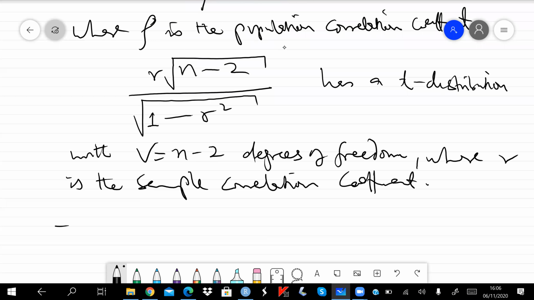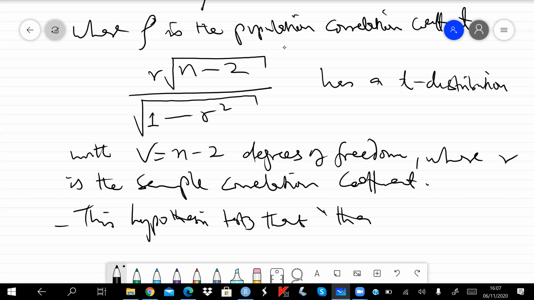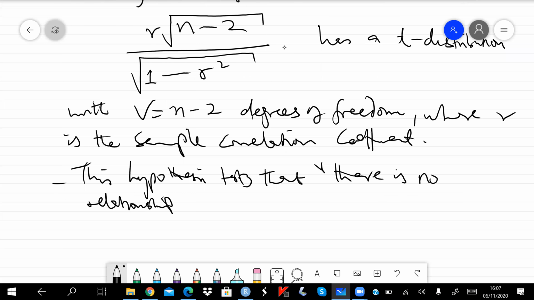So we note that this hypothesis tests the situation that, in quotes, there is no relationship between the two variables.